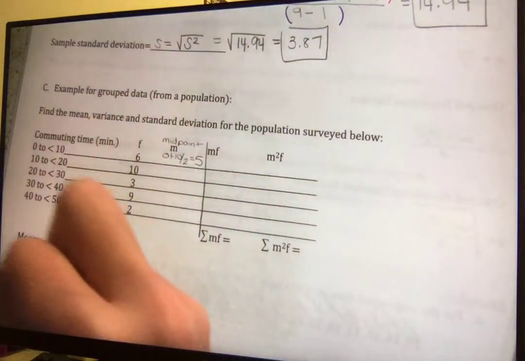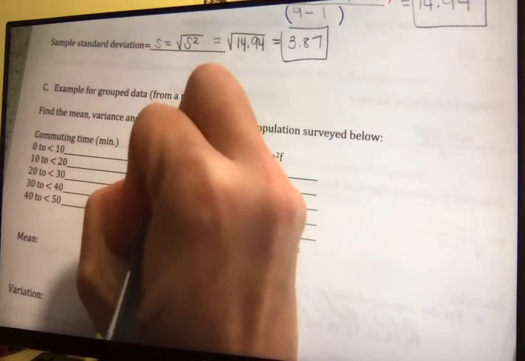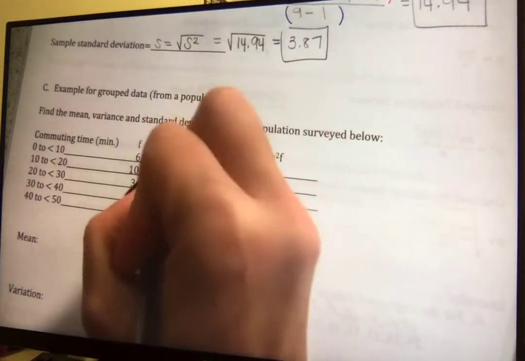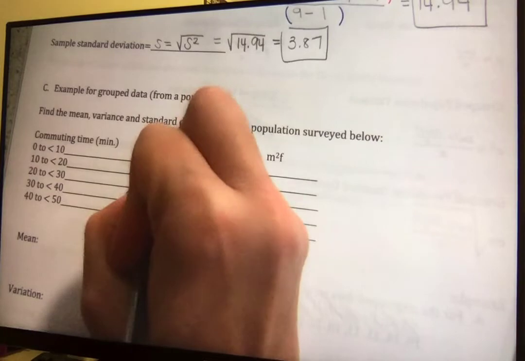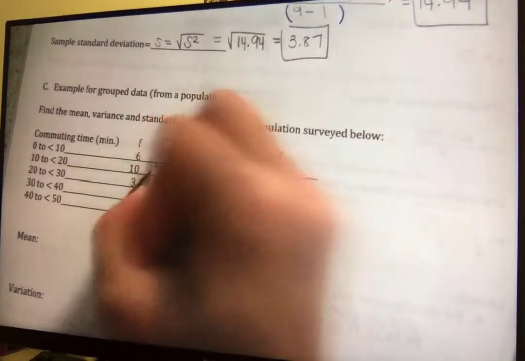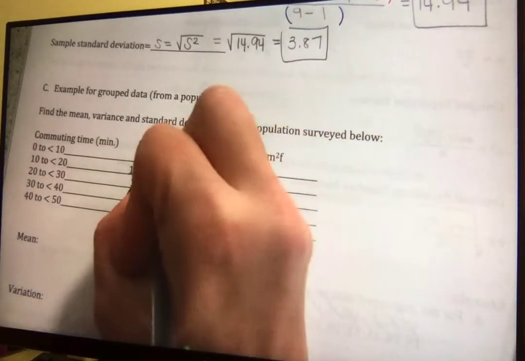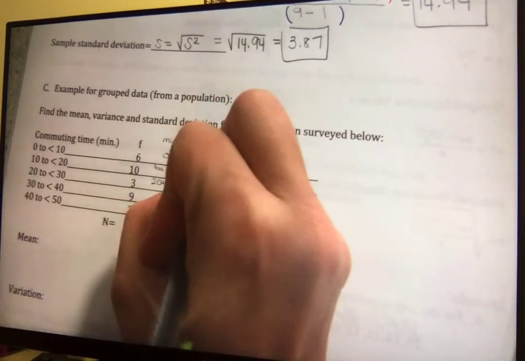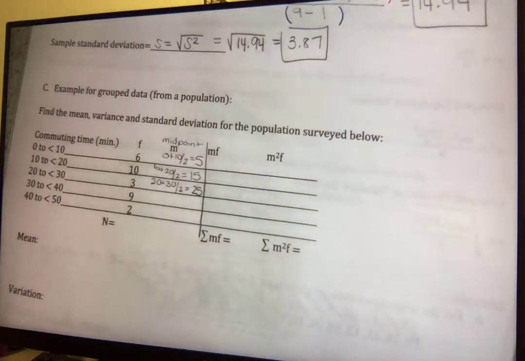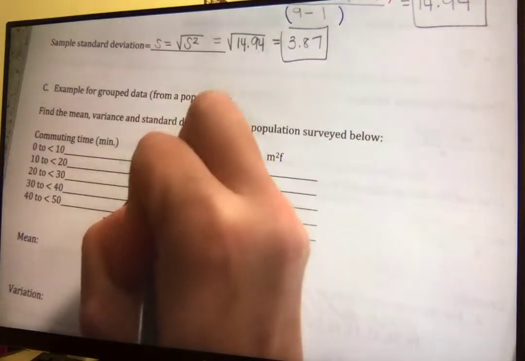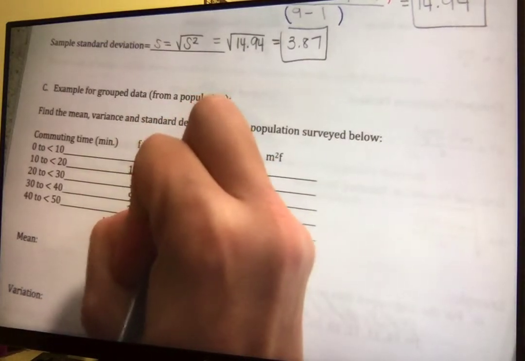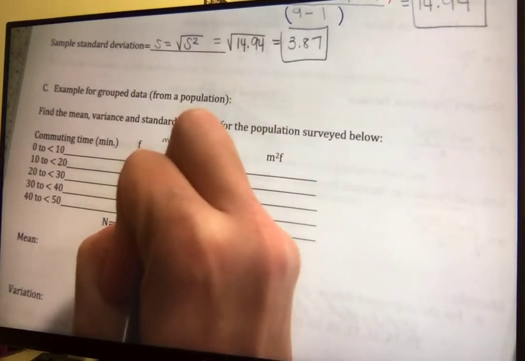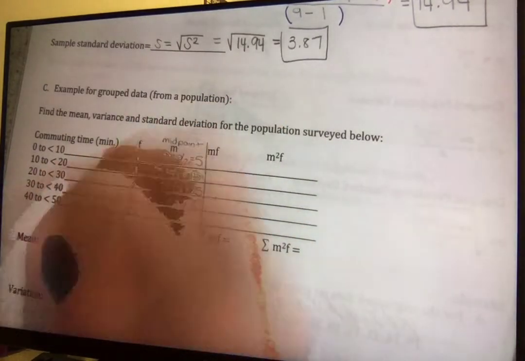Then 10 plus 20 divided by 2 gives us 15. 20 plus 30 divided by 2 gives us 25. 30 plus 40 divided by 2 gives us 35. And 40 plus 50 divided by 2.